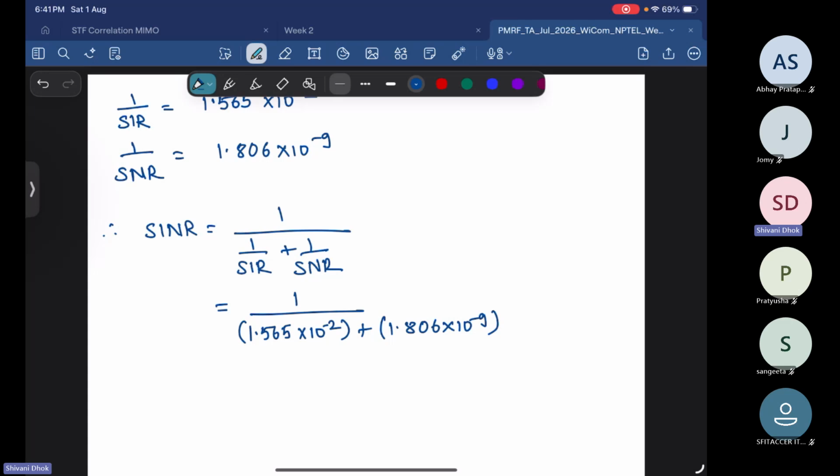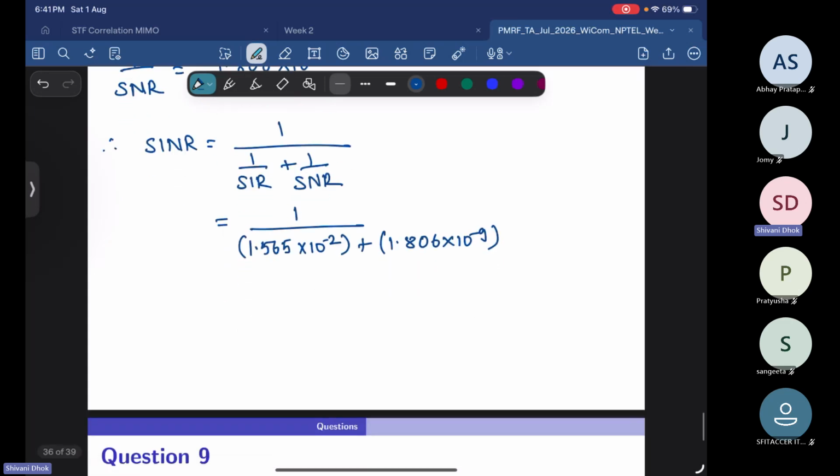Just a minute, one second. Sorry, I made some calculation mistakes in my notes. Give me a moment.